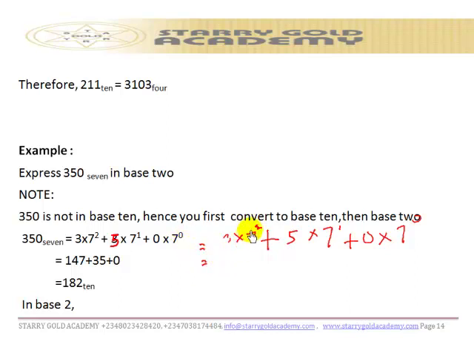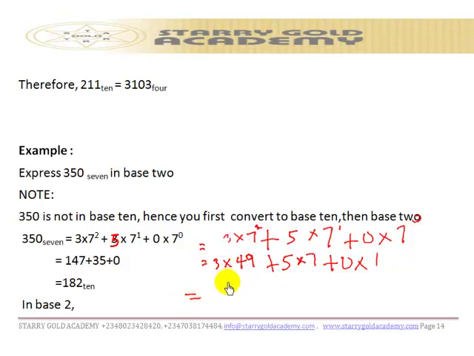Seven raised to power 2 is 49, 7 raised to power 1 is 7, and 7 raised to power 0 is 1.